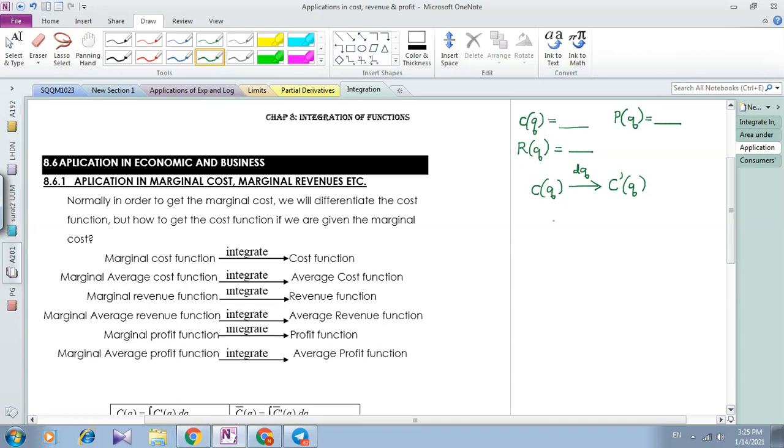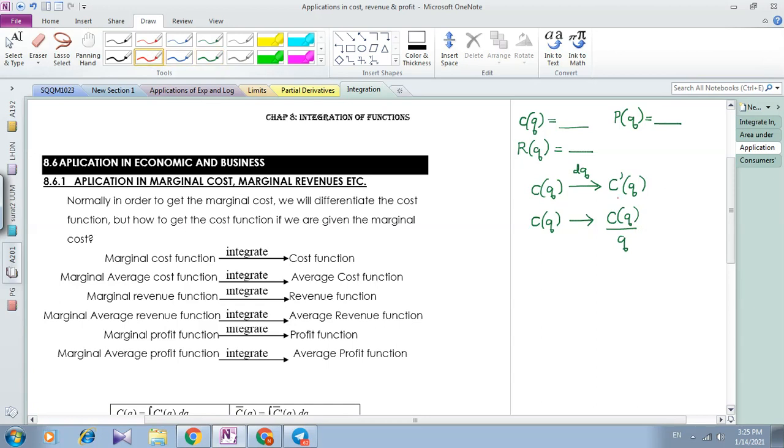We also have learned that if we have the cost function, to find average cost, whatever we have here, we divide by Q. So automatically we will get average cost. Let me write here once again.